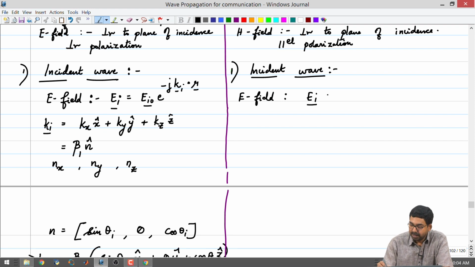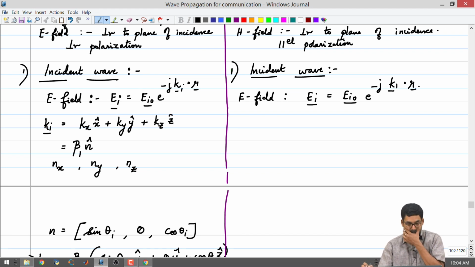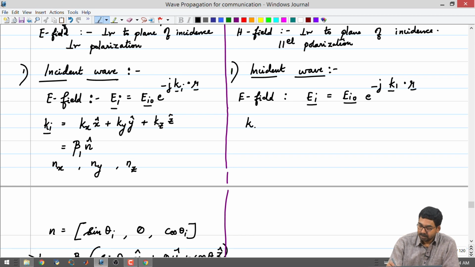Once again, the electric field is going to have a similar form. It is going to look like e to the minus j k dot r in medium 1. And k incident is going to be kx x hat plus ky y hat plus kz z hat.